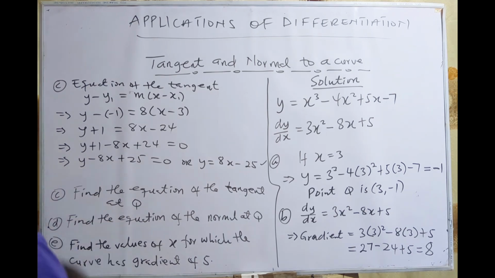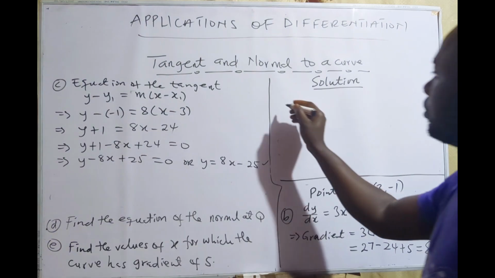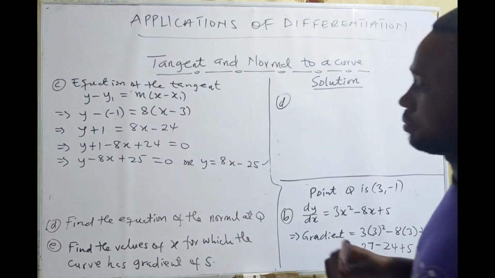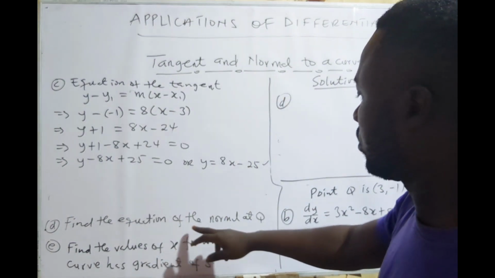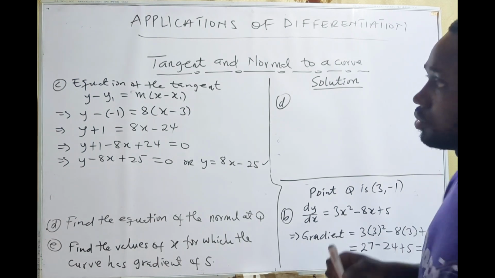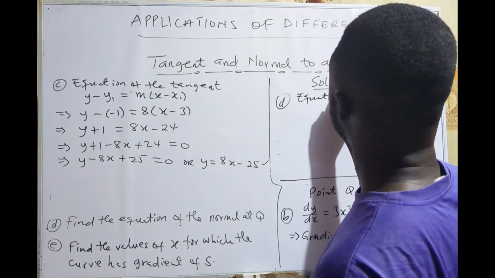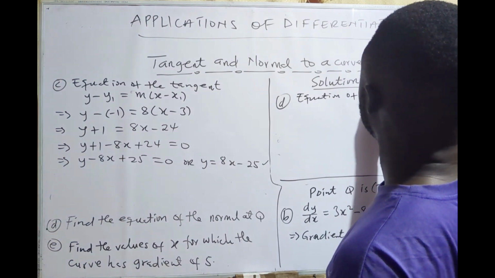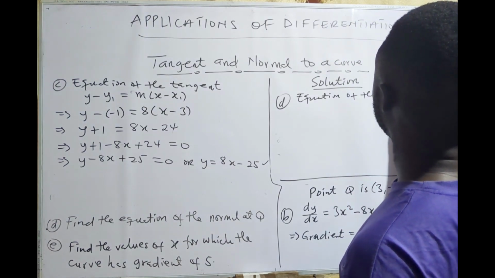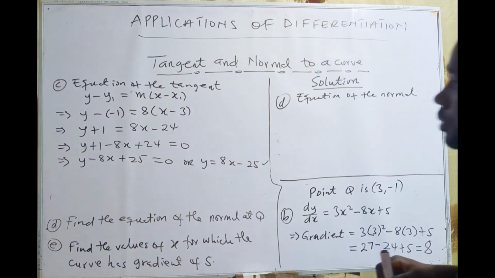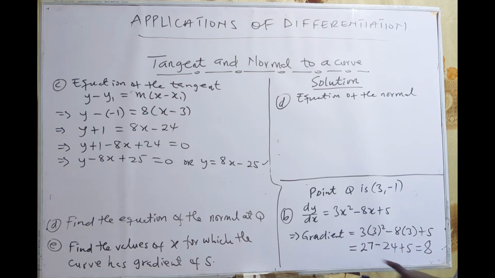Alright, so let's continue with D. Let's continue on this side. Find the equation of the normal at Q. So equation of the normal, okay, so we know that the gradient of the normal is the negative reciprocal of the tangent.